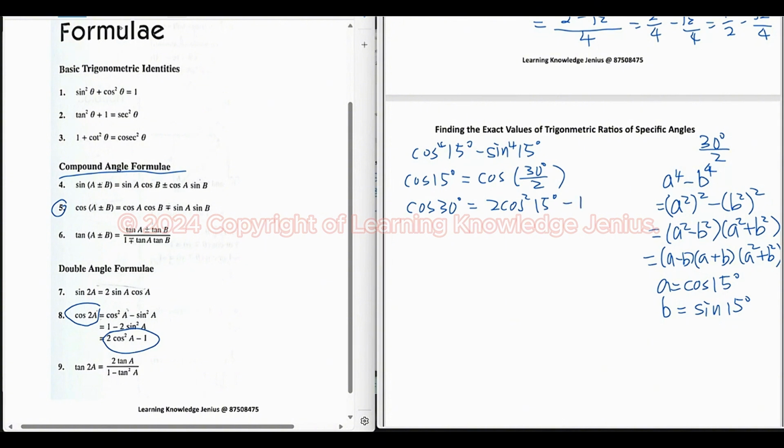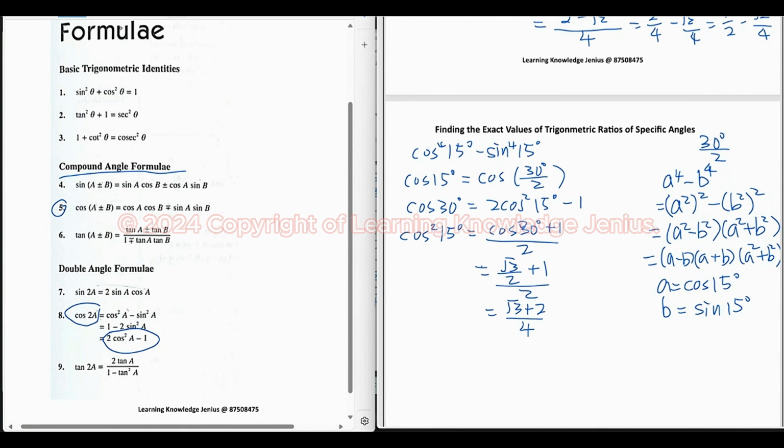And then if you rearrange it, cosine 30 degree is square root 3 over 2. This one is a simplification, so you get this one.